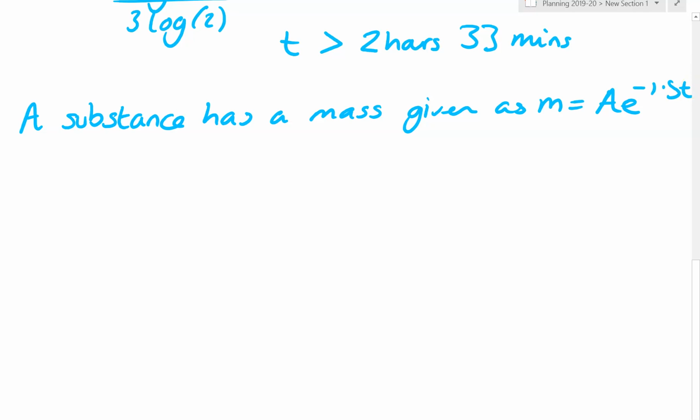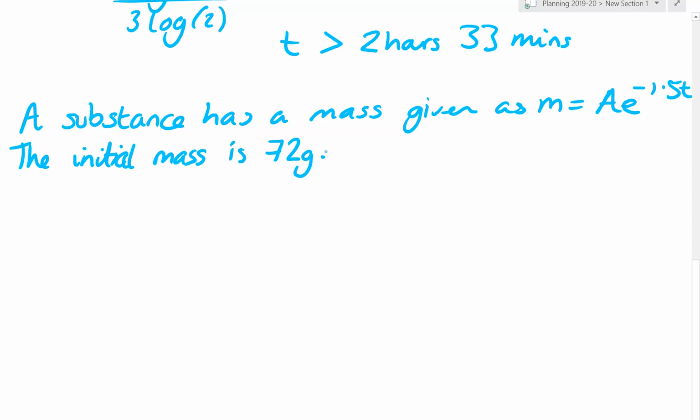And the negative part is what tells you it's a decay. The initial mass is 72 grams.